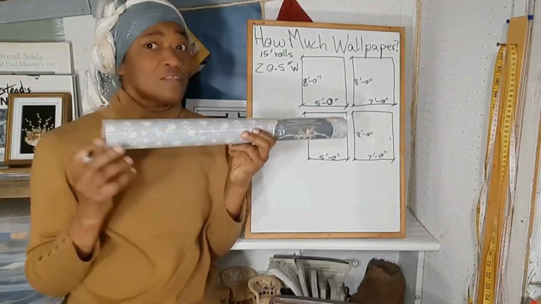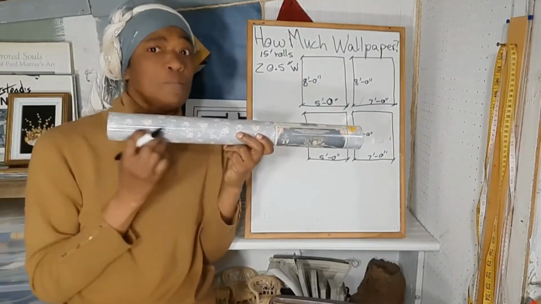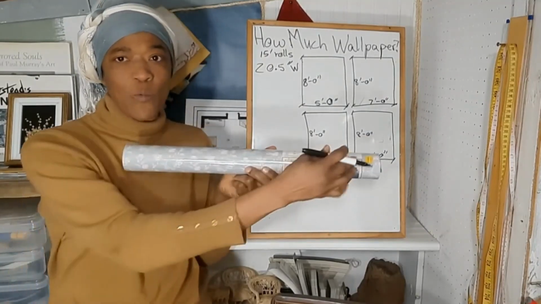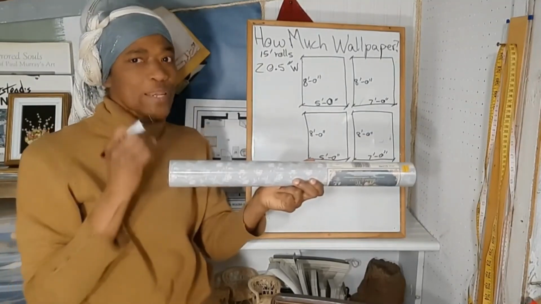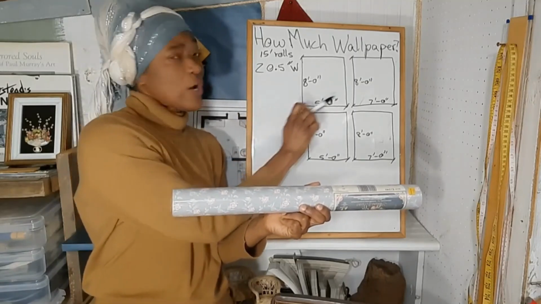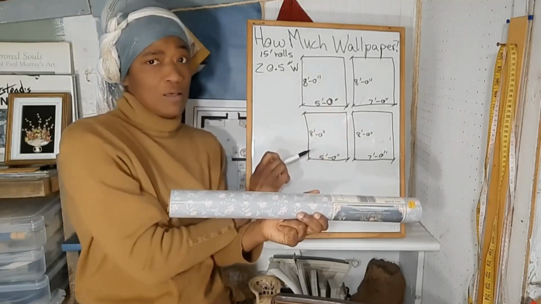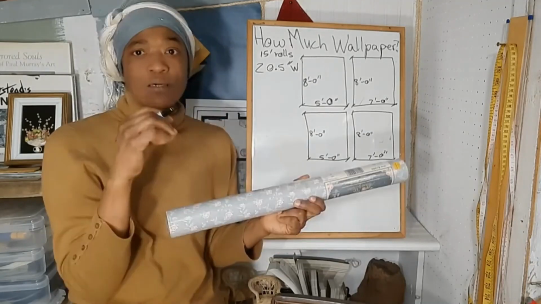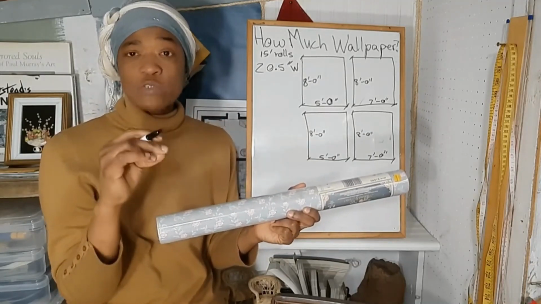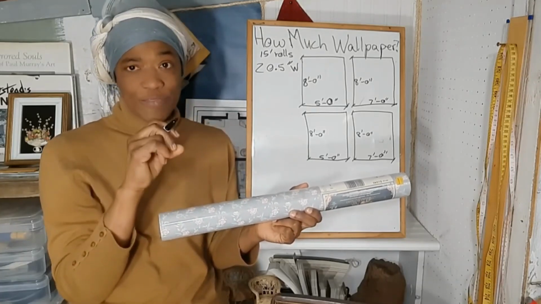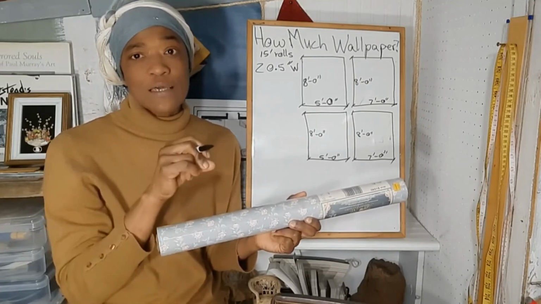To calculate how much wallpaper we will need, we will look at how many widths of this 20.5 inches wallpaper we need for each wall. However, because the walls are in feet, we will have to take our 20.5 inches and convert that to feet.